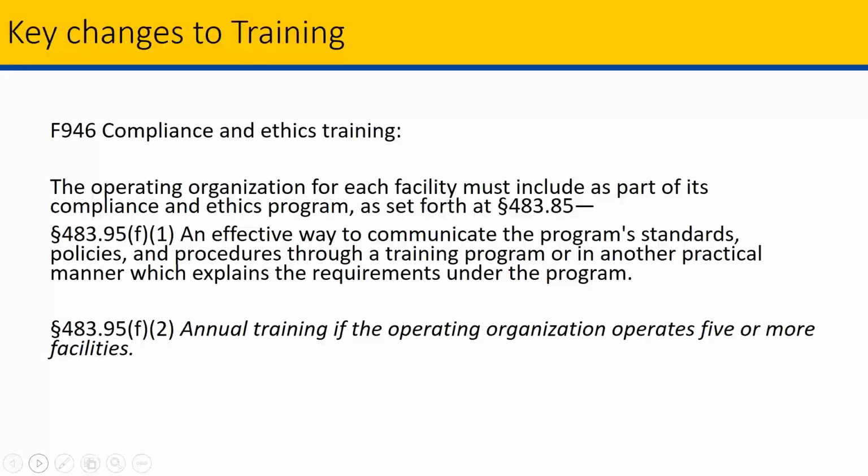There should be a process in place to track staff participation in the required trainings. In addition, for the operating organizations that operate 5 or more facilities, annual training for staff on the compliance and ethics program must be conducted.